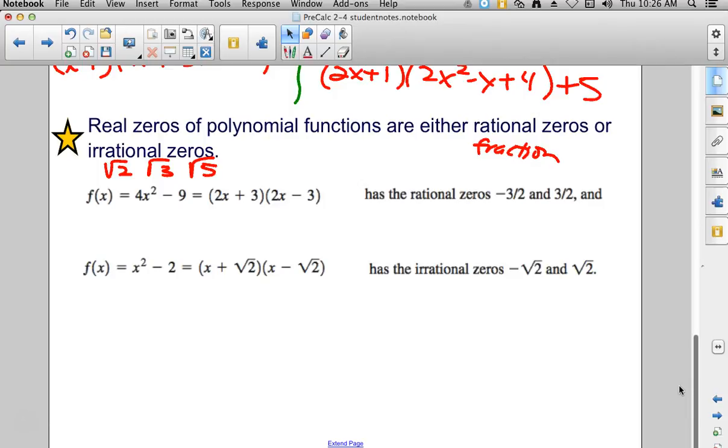So in this one, we see f of x equals 4x squared minus 9, totally factorable. And if it's factorable, we're going to get a couple of rational zeros, -3/2 and 3/2. X squared minus 2, it's factorable, but in a weird way. We haven't done factoring using roots before, but this would be x plus the square root of 2 and x minus the square root of 2.